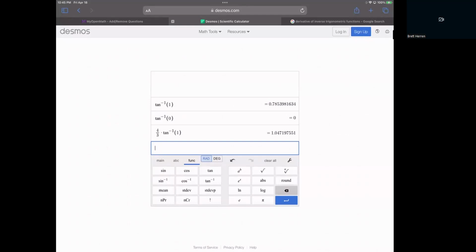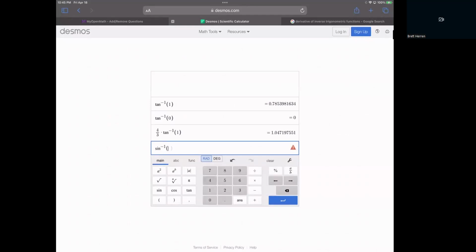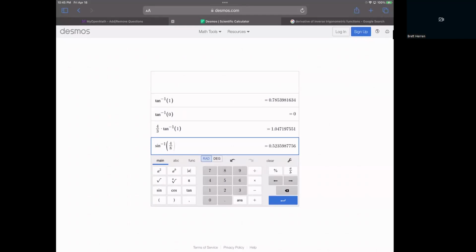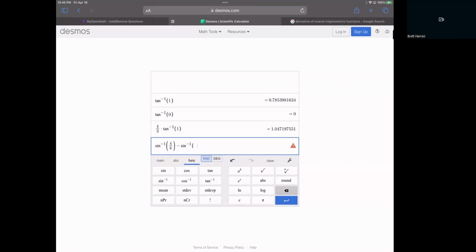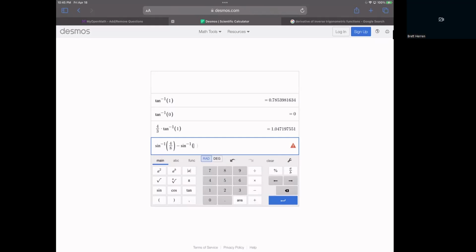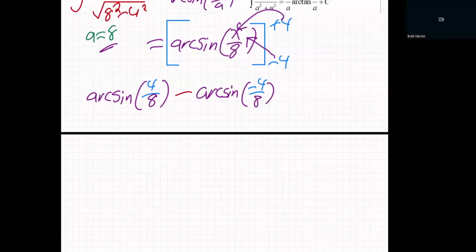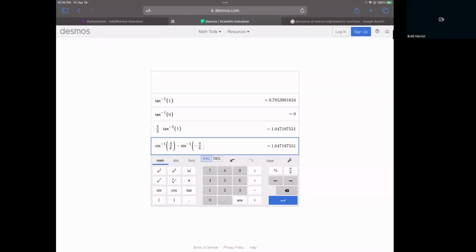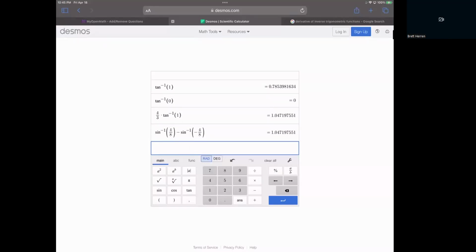That's inverse sine of 4 over 8 minus the arc sine of -4 over 8. There we go. And we got to make sure we're in radian mode. We are. There it is.